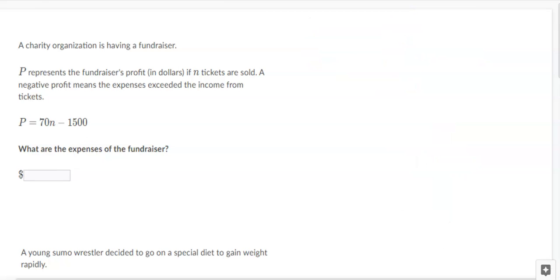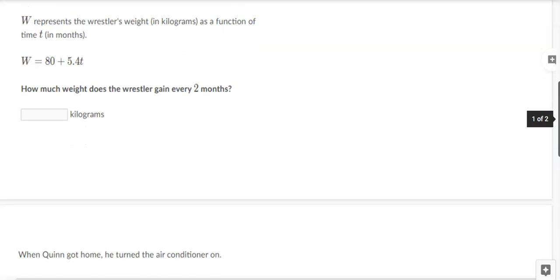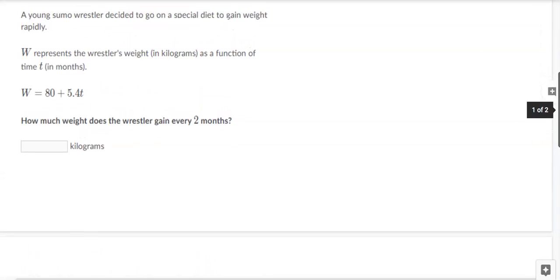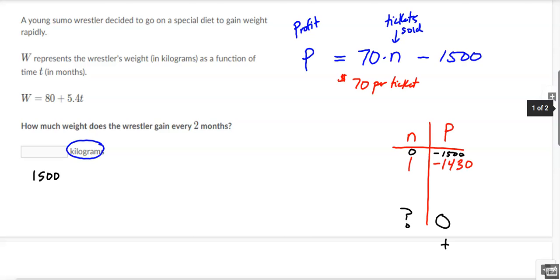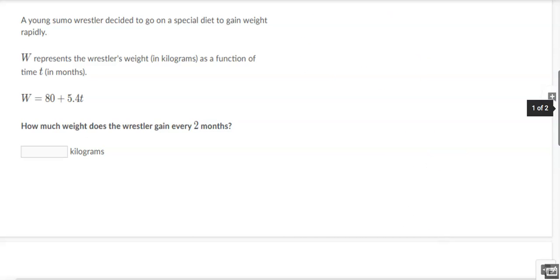All right, moving right down, we have another sumo wrestler here. It says a young sumo wrestler decided to go on a special diet to gain some weight. W is the weight, and it's a function of time in months. So we have weight equals 80 plus 5.4 T, and T represents months.